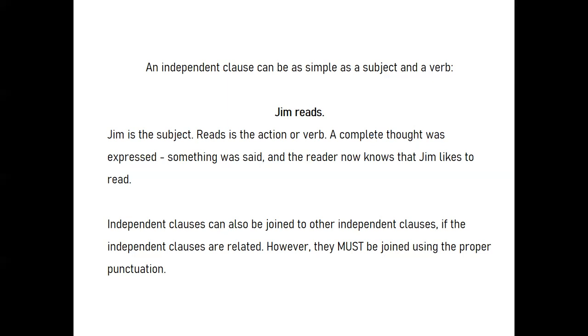But in here, we need to combine one independent clause with a clause that is related or close to another independent clause. However, they must be joined using the proper punctuation. So what is the proper punctuation when we use one independent and one independent clause?